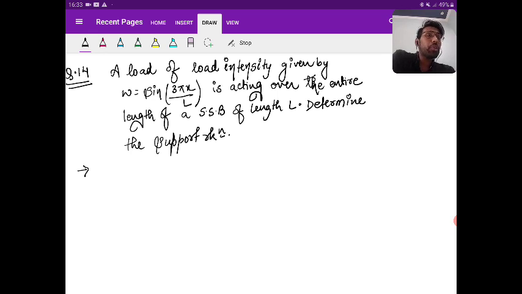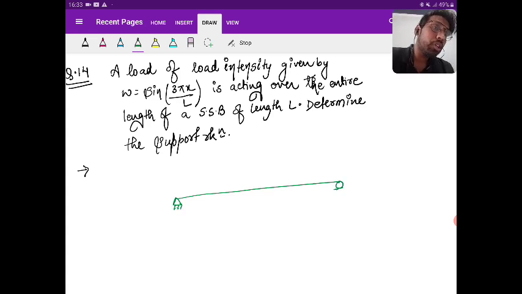You need to draw the loading diagram. Can you draw? I hope you all know what is sine function.